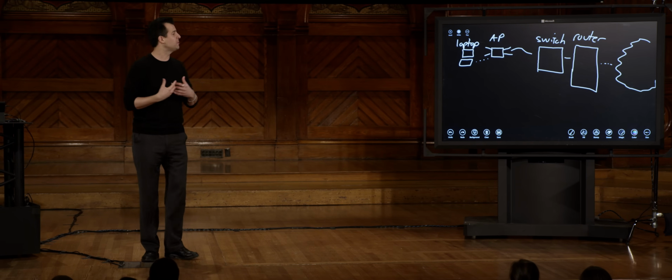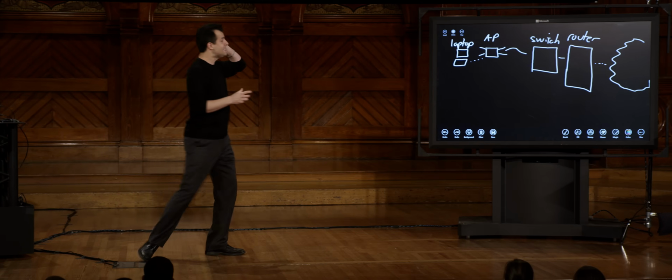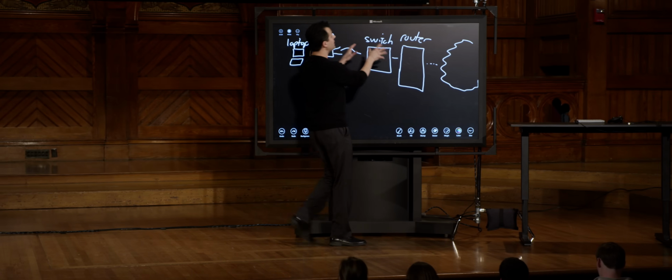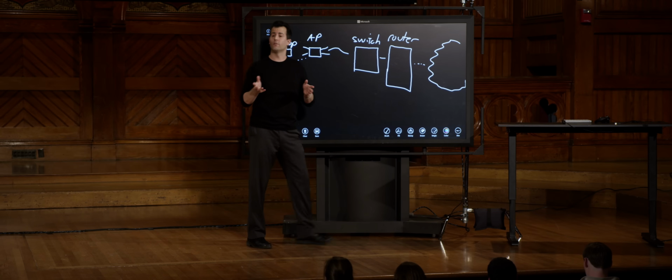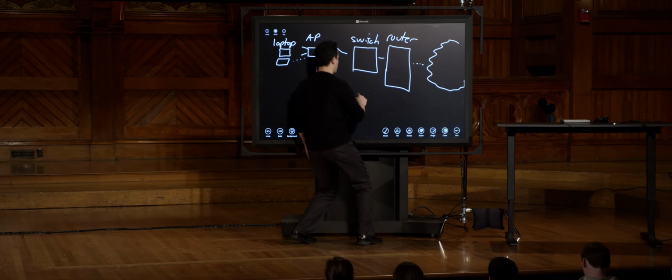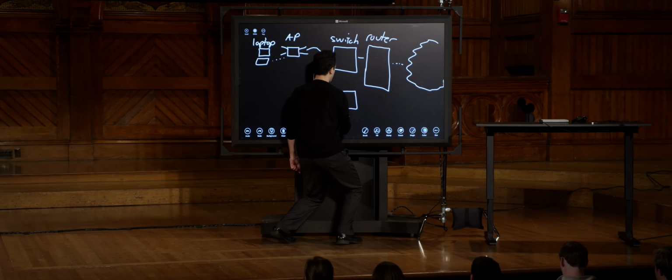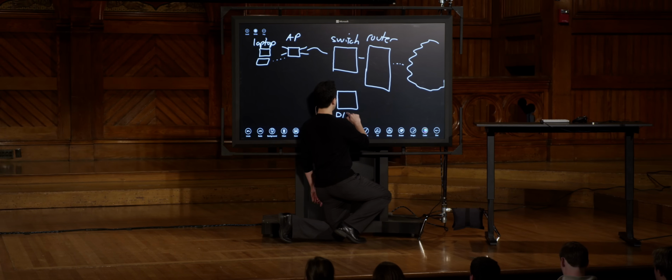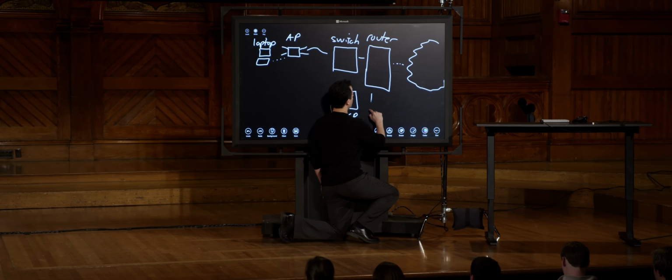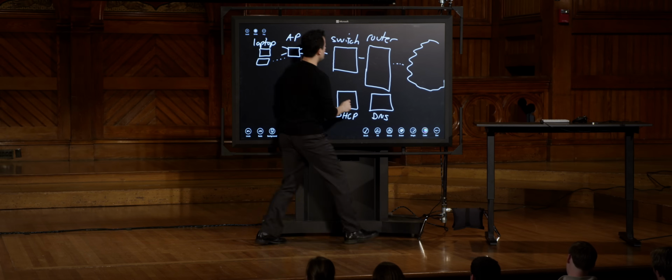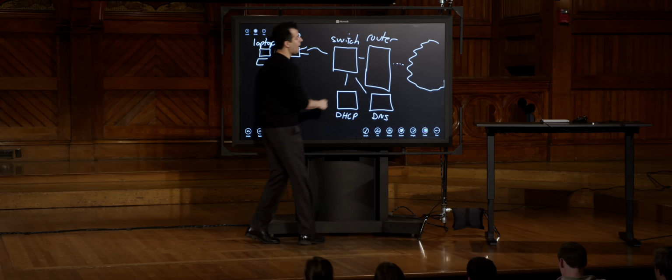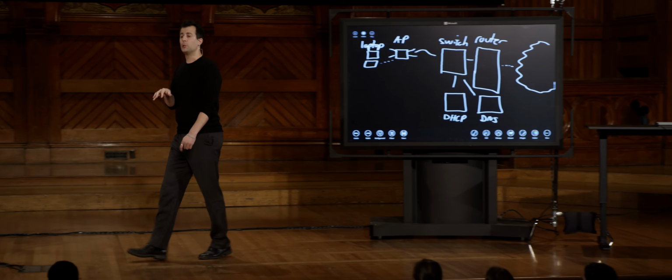So there's a lot of steps between me and the rest of the world, and indeed, even within this picture here, there are some other servers or services involved. And I'm just going to draw these somewhat abstractly, just so that we have the acronyms before us. One is called DHCP, and another one, a little more interestingly for today, is called DNS. So these are servers that are somehow accessible to my computer as well.